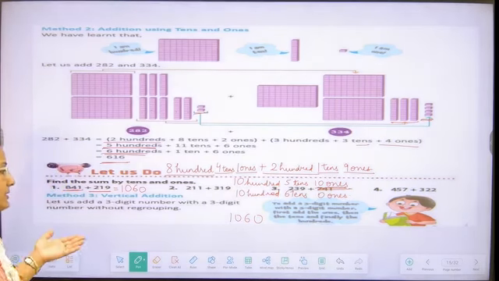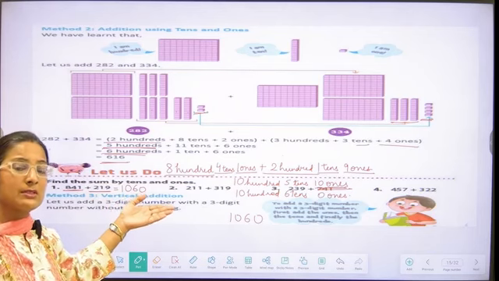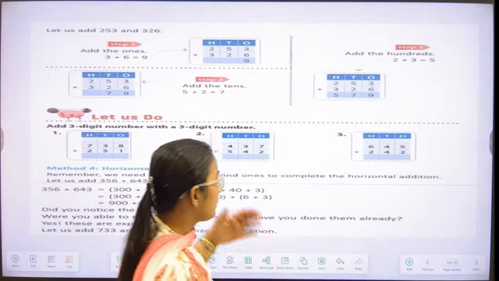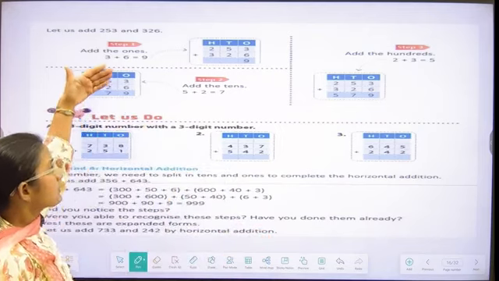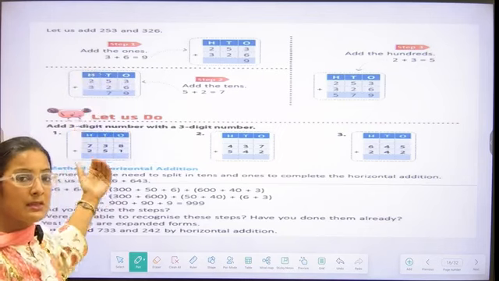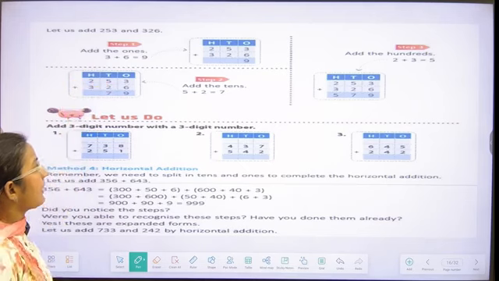Now we are going to understand how we can add 3-digit numbers with 3-digit numbers in vertical addition. So let's do it with me. We have to write the numbers ones place under ones place, tens place under tens place, and hundred place under hundred place. And we have to start adding them with the ones place value, student.